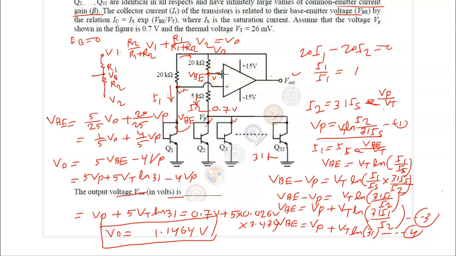Ultimately, your aim should be finding the output voltage, so you should relate the equation which involves the variables given. I found that equation: V0 equals VP given, 5 VT given, and ln 31, which is your I1 upon I2, a relation we have just calculated. So this is the answer.